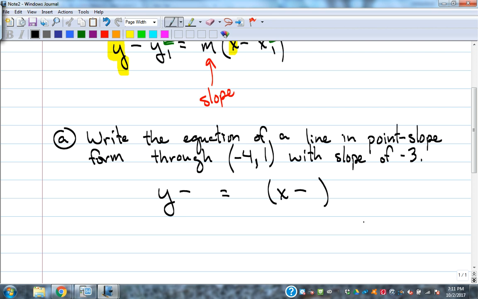Putting stuff in here. Okay. Point slope form. Everything that is written in blue there has got to be replaced. All right. What's the slope of this line? -3. So that's m.